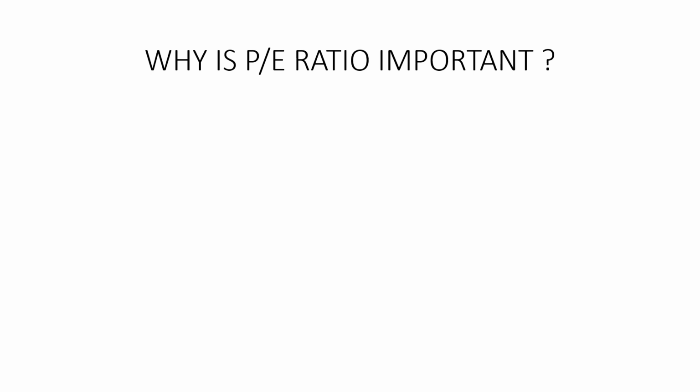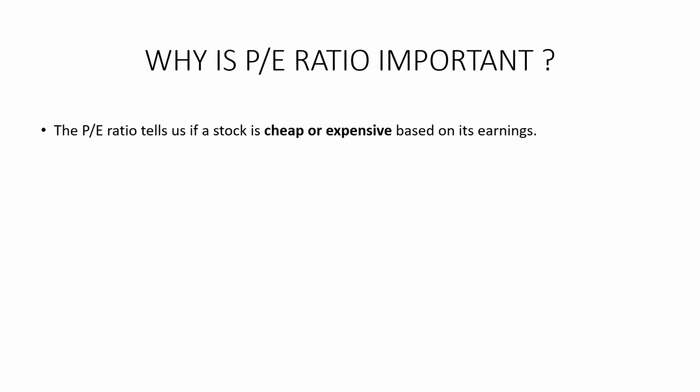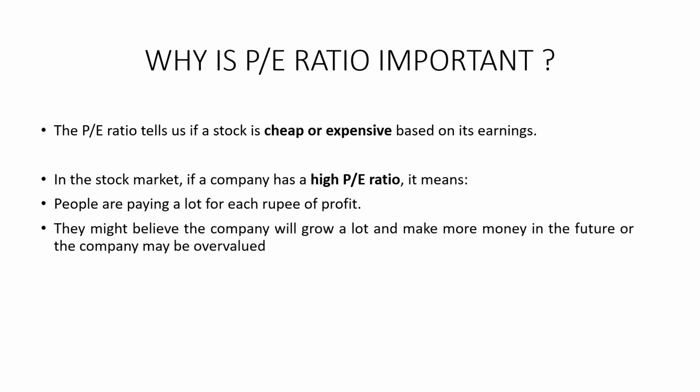So to sum up, why is PE ratio important? Number one, the PE ratio tells us if a stock is cheap or expensive based on its earnings. In the stock market, if a company has a high PE ratio, it means people are paying a lot for each rupee of profit. They might believe that the company will grow a lot and make more money in the future, or the company may be overvalued.